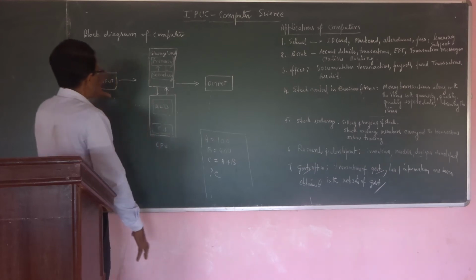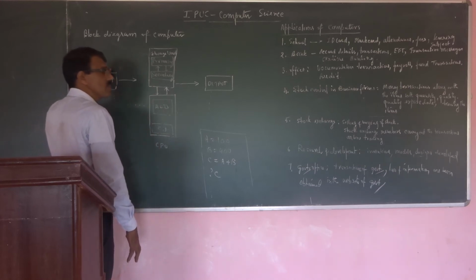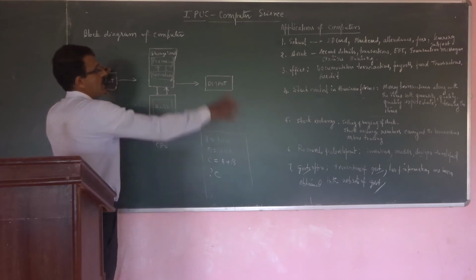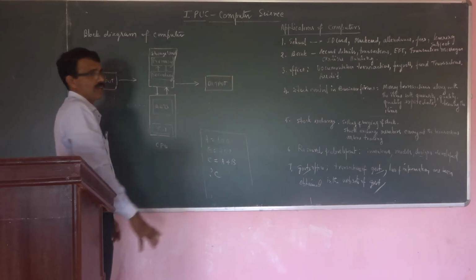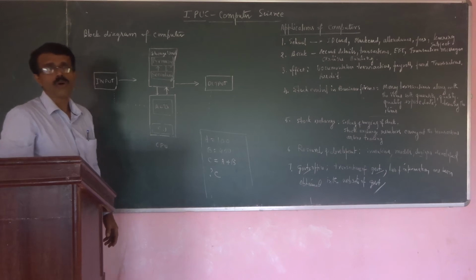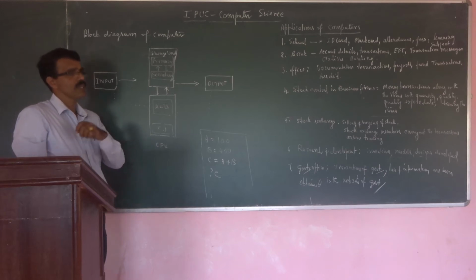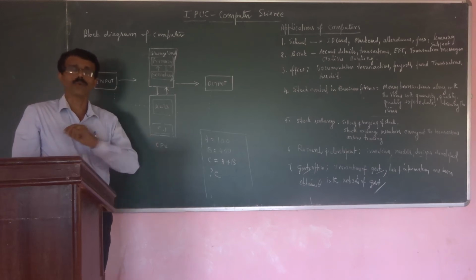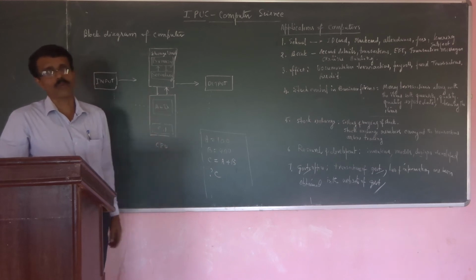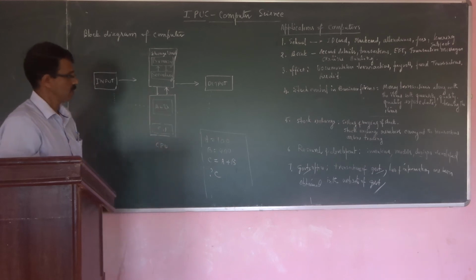So on one level input devices must be there, and on the other level output devices also must be there. Without feeding anything, we cannot do anything inside the system. That is usual.